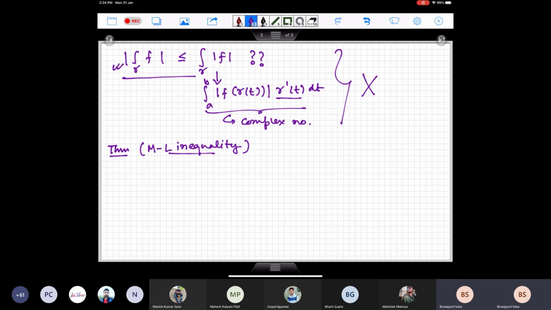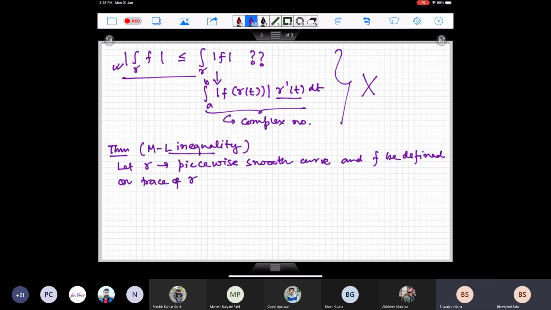So what is the ML inequality? Let gamma be a piecewise smooth curve, and f defined on the trace of gamma and continuous, so that I can make sense of the integral.